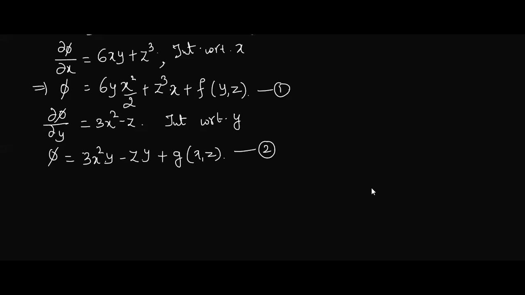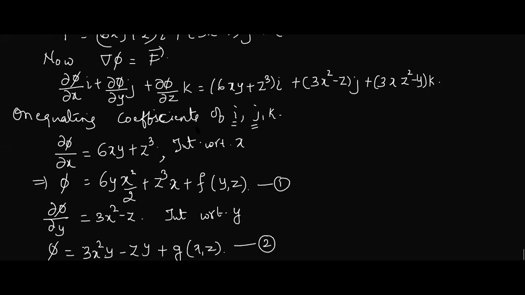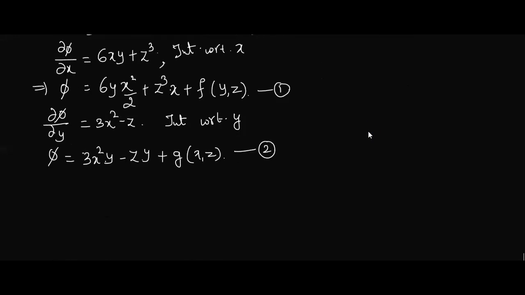Next, we need to equate the coefficients of k. That is, dou phi by dou z equals what will we get? It is 3x z square minus y. It should be integrated with respect to z, because it is differentiated with respect to z.